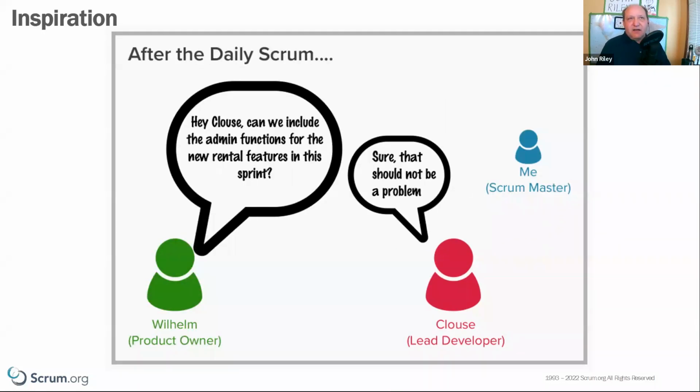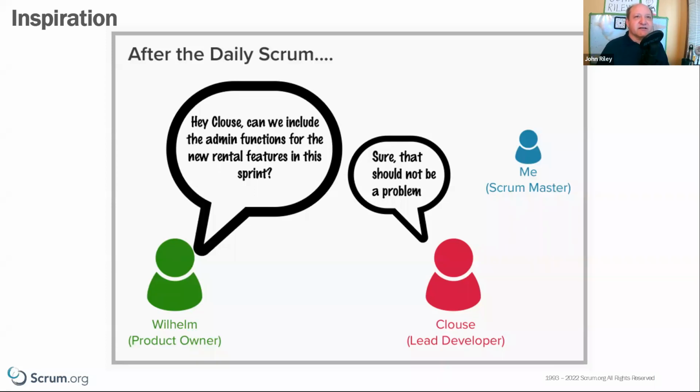So I'm going back to the daily Scrum now, and I see that we have these things called admin functions that they want included in a sprint. So I'm looking and seeing, well, you know what? I think I fail as a Scrum Master here, because I actually noticed that there was something going on that was not really communicated very well.